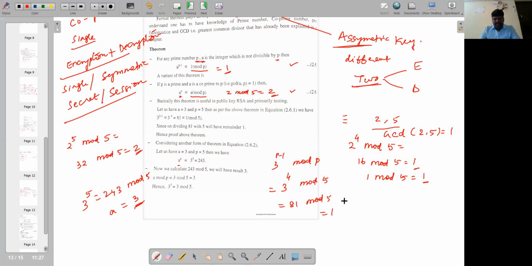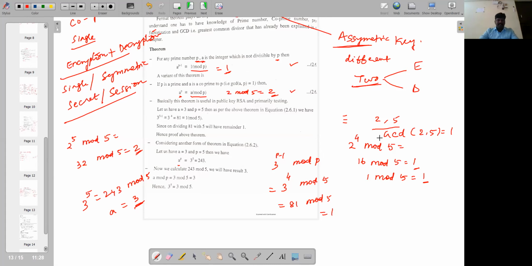Can you understand the concepts or the simple problem which I am explaining right now? I proved both the equations, right? A power p minus 1 is congruent to 1 mod p, and the second equation, a power p, is congruent to a mod p. Any further explanations required from your end?